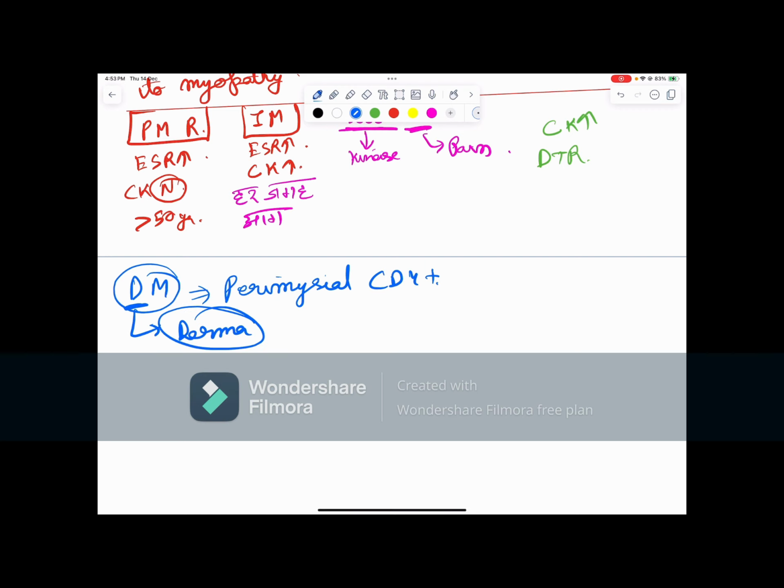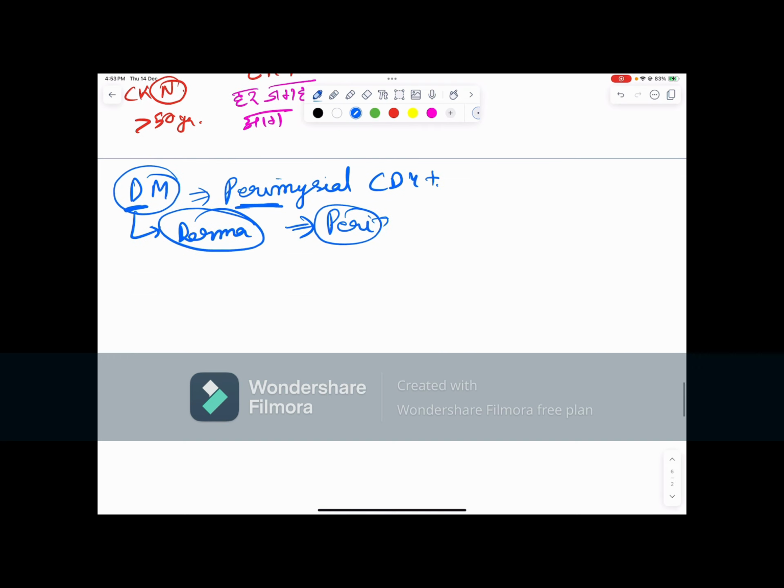Just remember that. It is the only condition which has derma written in it. And what is the work of derma? To cover the body. So the covering of the body is formed, and perimysial CD4 is seen. Since perimysial CD4 is seen, there would be thick skin, that is scleroderma, and only connective tissue is involved. Now the rest is polymyositis.